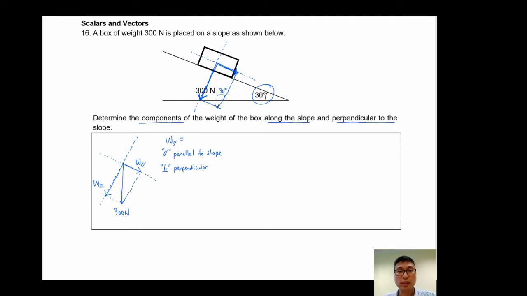Now, how do we see this? This is the slope before it was lifted. It was horizontal. Now, I'm going to tilt this slope by 30 degrees. So, I'm going to move this part of the slope upwards and tilt it this much by 30 degrees. Now if I tilt the horizontal part of the slope up 30 degrees, what about the vertical part?